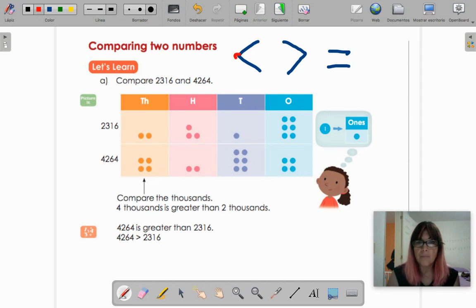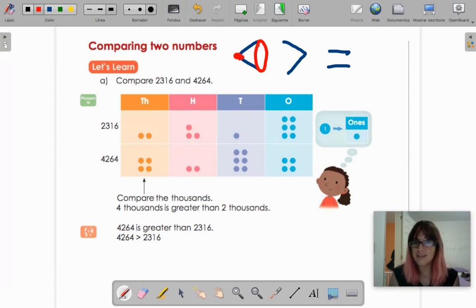The little part of this symbol has to go to the smaller or the little number, the smaller number, okay? The big part of the mouth, as they call it, or just the big part of the picture, the symbol, goes to the big number, okay?